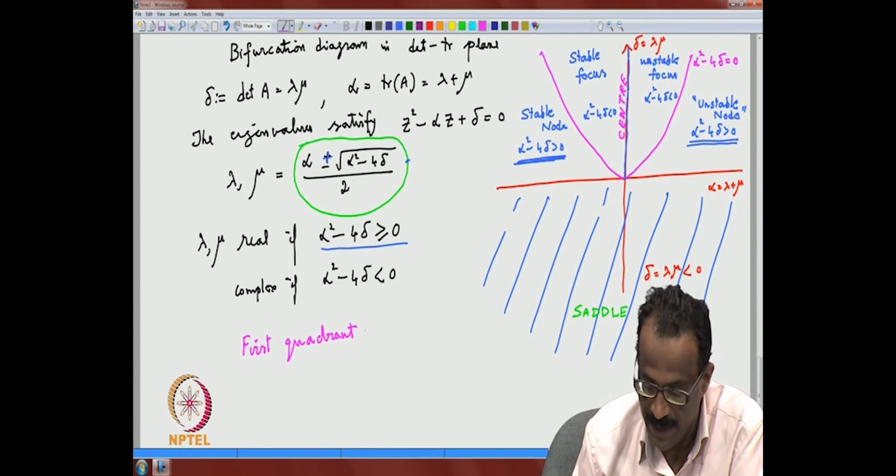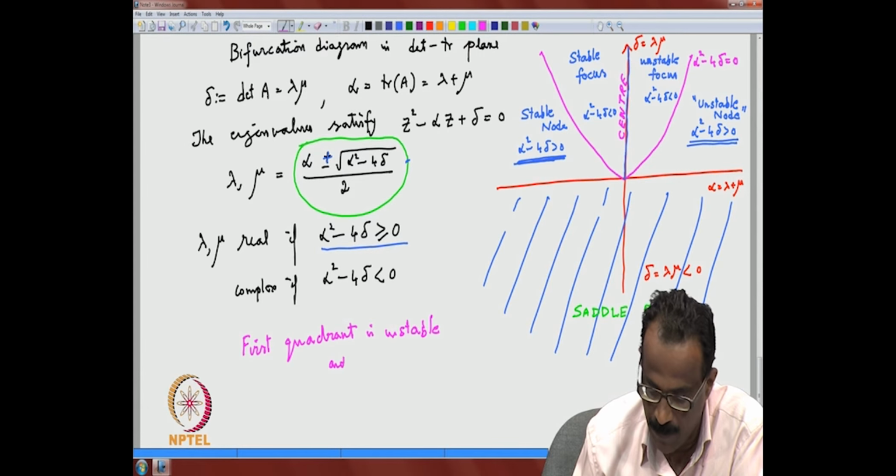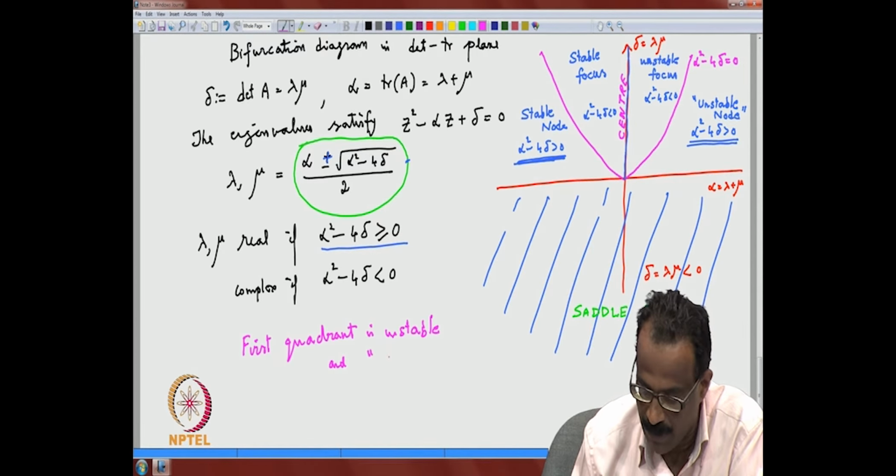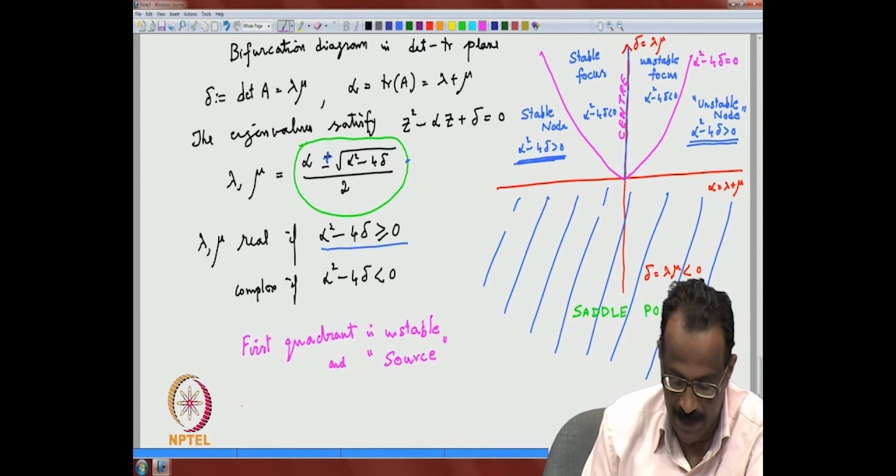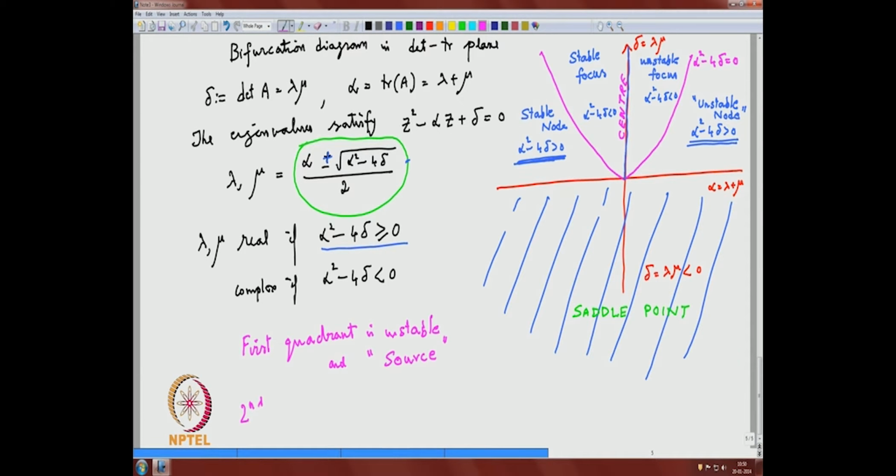The first quadrant is unstable, and this is called the source, and the second quadrant is the stable quadrant part. This is called the sink. See, everything will sink there.